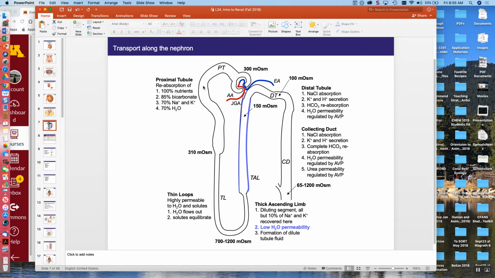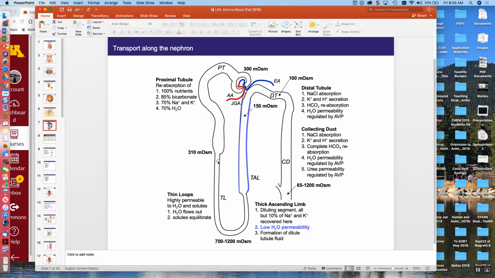Then I'm going to call this the primary urine because it's not really urine yet. It's going to be modified throughout the nephron. The primary urine, also known as ultrafiltrate, is not called urine yet. That fluid is being modified as it goes down deep into the inner medullary region.